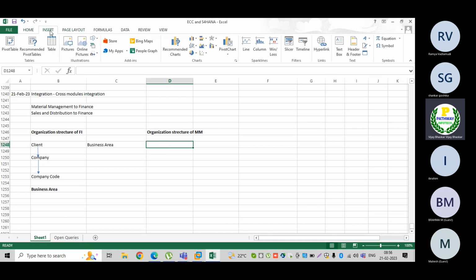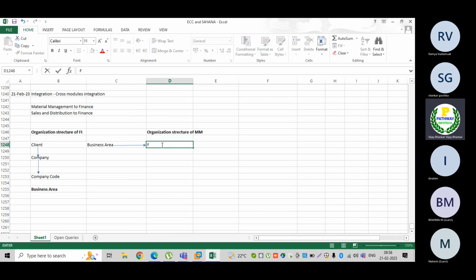The business area is nothing but my factory, or plants, branches, or port. Why we are going to create the port as a business area, I will explain.